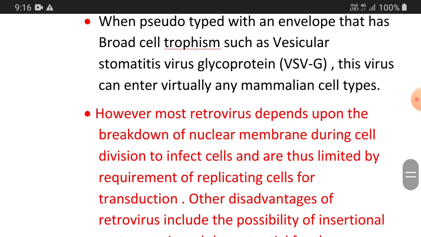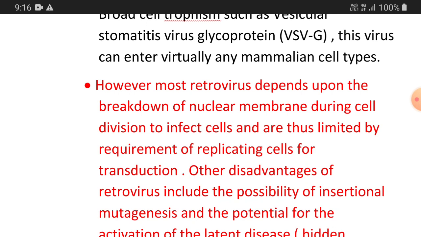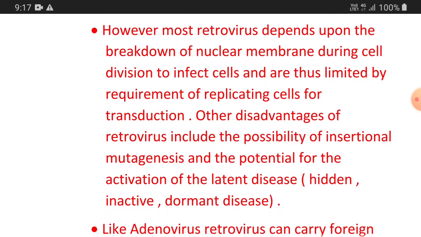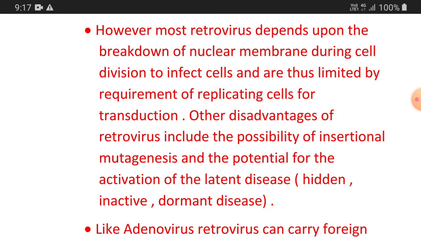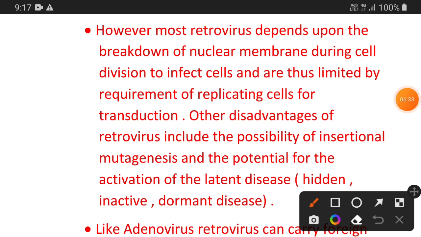However, most retroviruses depend upon the breakdown of the nuclear membrane during cell division. That means only replicating cells can be transduced, and non-dividing cells cannot be transfected with this method. Other important disadvantages are the potential for insertional mutagenesis and the potential for the activation of latent disease.